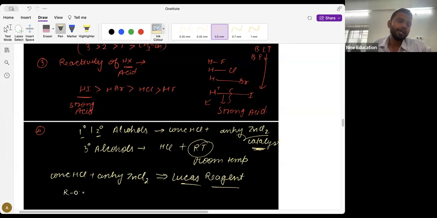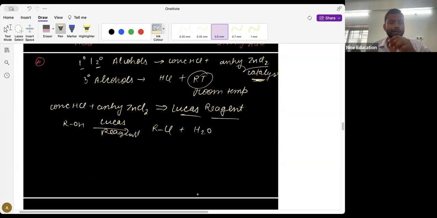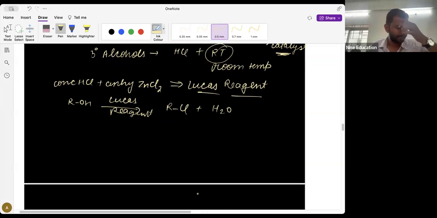Whenever we have an alcohol and we put Lucas reagent in it, you should know that we are preparing an alkyl halide from the Lucas reagent.